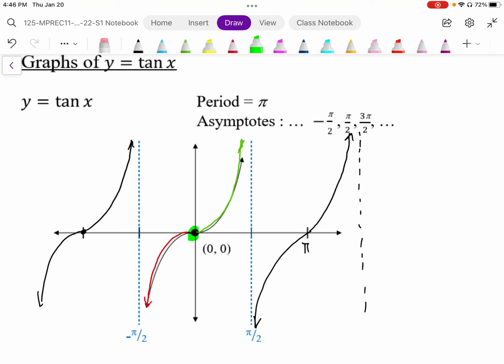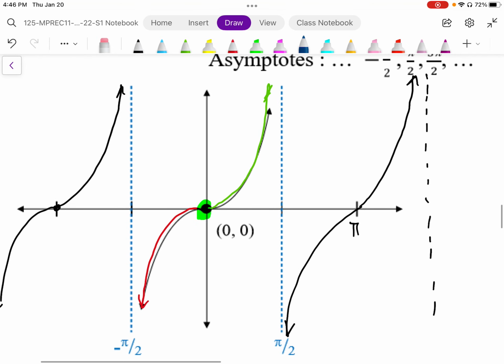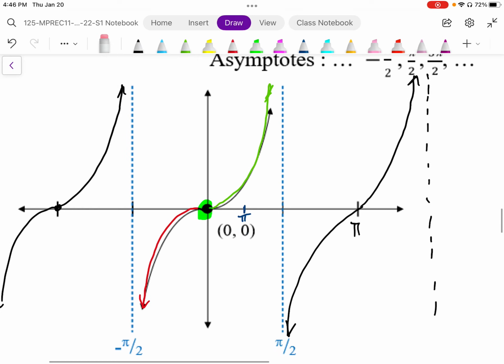Now, there is another point that is very useful to keep track of transformations, especially in terms of a vertical expansion, because that center point there we cannot vertically expand. So there is a point that we can use to keep track of vertical expansions. So at pi over 4 or 45 degrees, let me just rewrite that because it's hard to see.